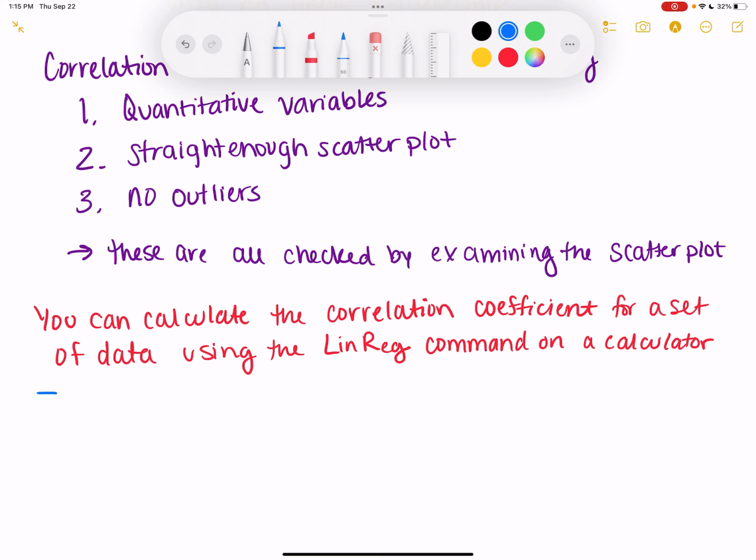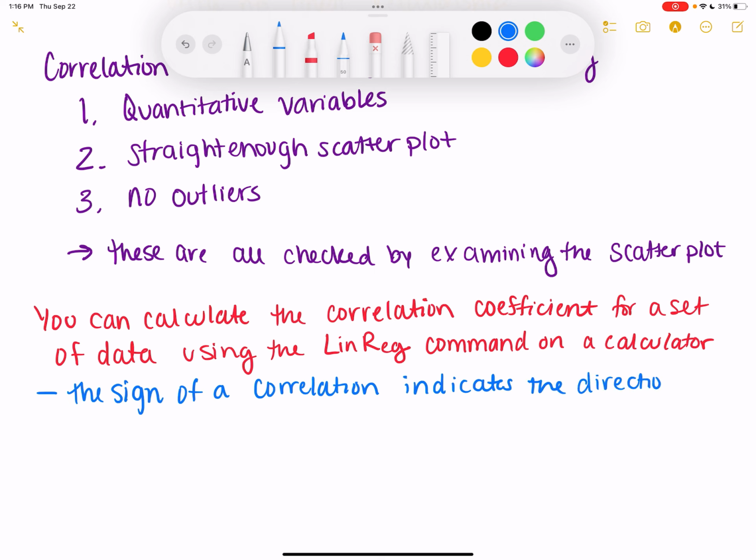So then just a couple things to note about it. The sign of the correlation, in terms of positive or negative, indicates the direction of the association. So that's kind of what I mean about the slope, like if it's positive or negative.